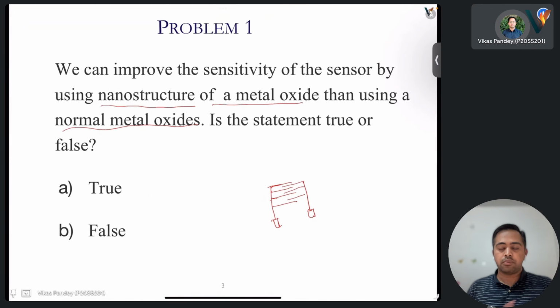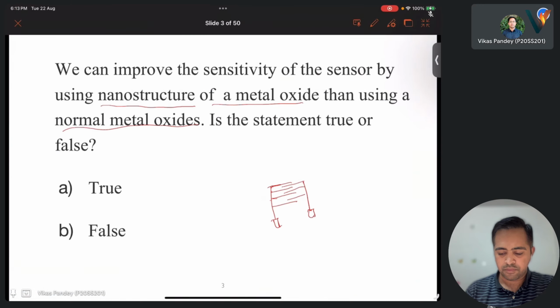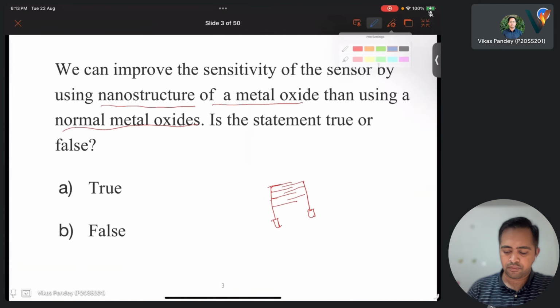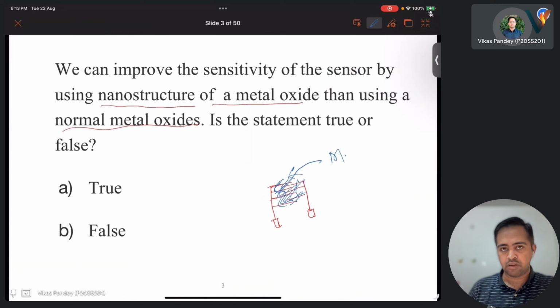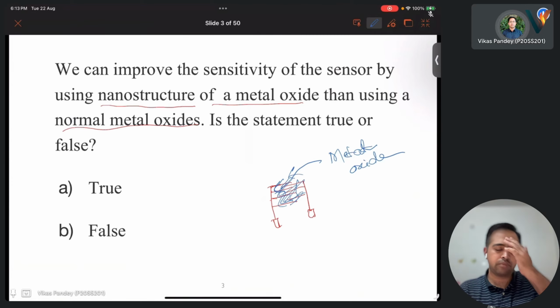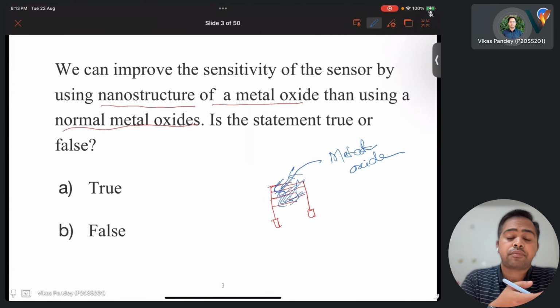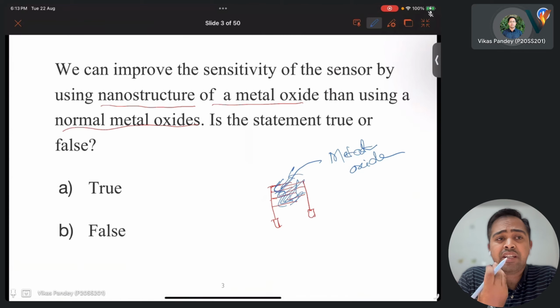But when we put some material here, in this case a metal oxide, there will be some conductivity due to the property of the metal oxide, that it is a bit semiconducting in nature.